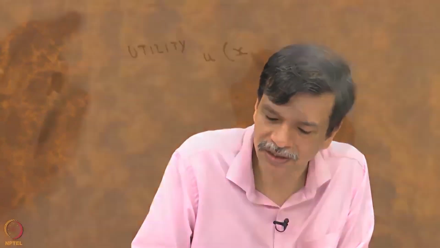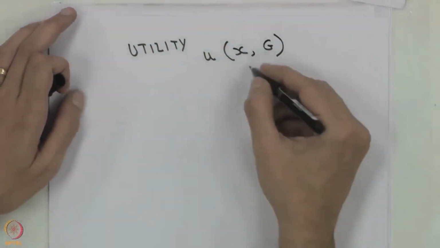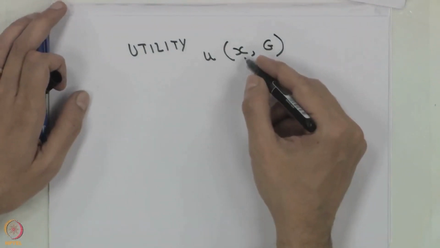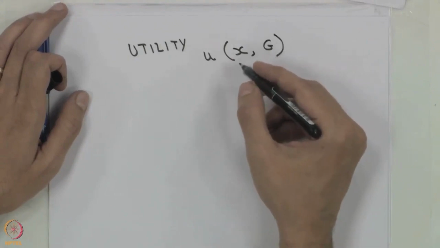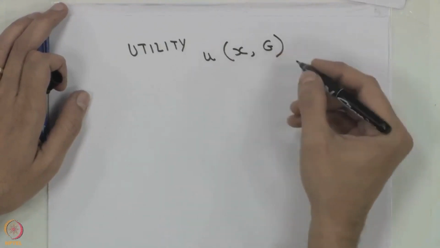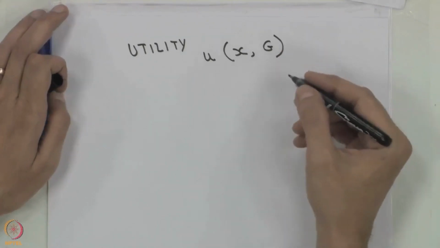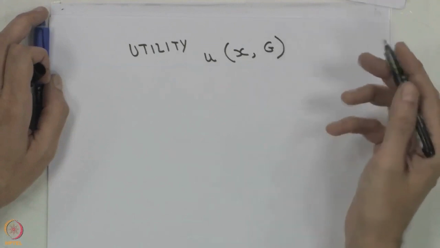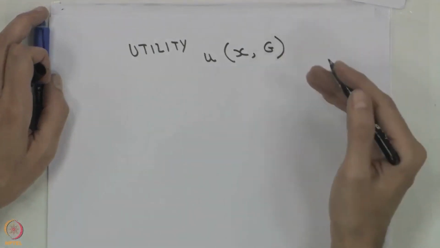Each individual has a utility function, which is a function of both these goods which are being consumed, X and G. X is the private good, privately produced, privately manufactured. The public good is a public good, but it can be produced and can also be bought privately, in the sense that, for instance, if you are looking at a park, an individual can contribute to the park management and pay money so that you can have more features in the park.